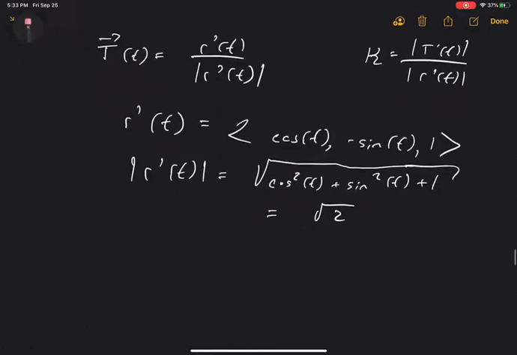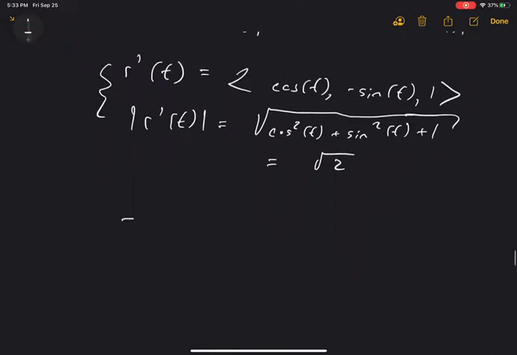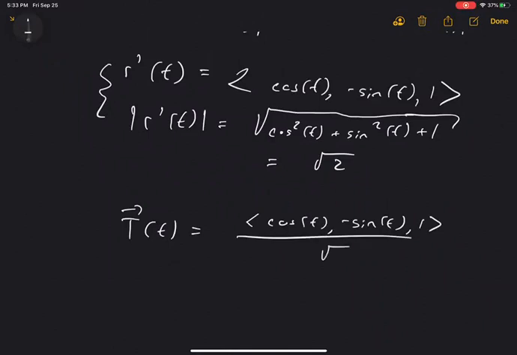So this stuff I can use to find capital T of t. That's cosine of t, negative sine of t, 1, all over the square root of 2. If you prefer, you can write it like this. So that's your T of t.